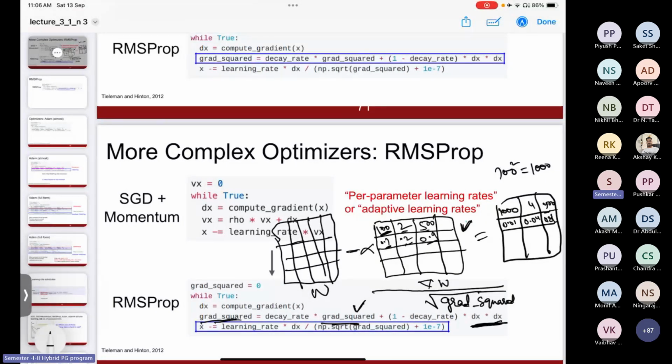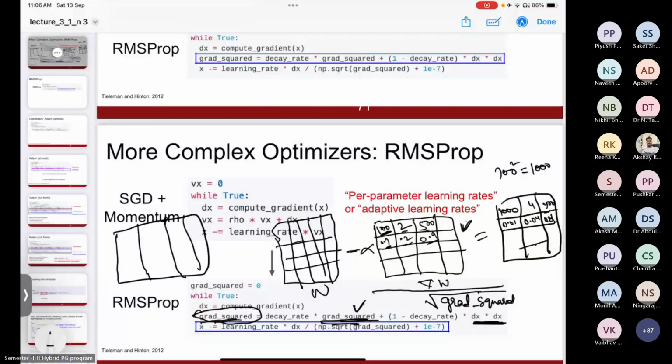Okay, and this will be done for the past also. Here you're taking the current one, this is the dW into dW, and this is the past one. So you are doing this for the past also. If you just do the summation and finally get this W, it will have larger values compared to this.